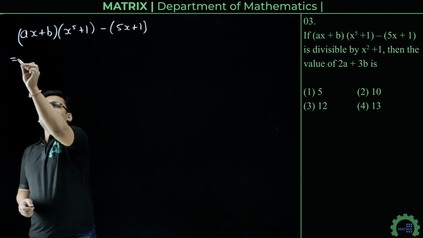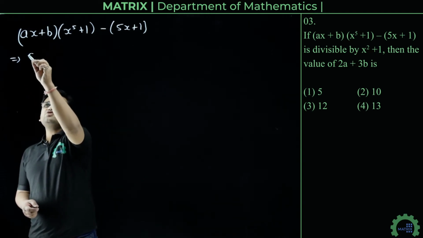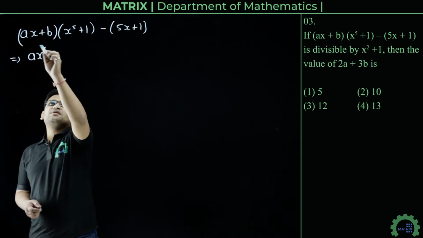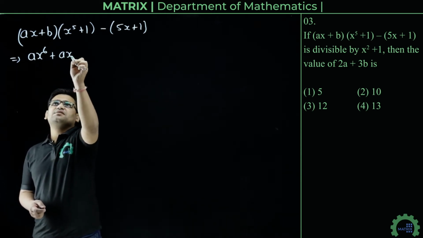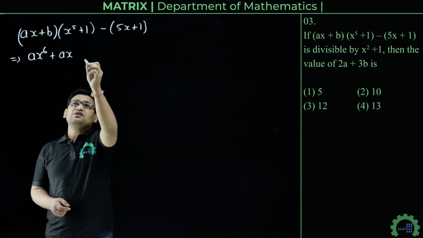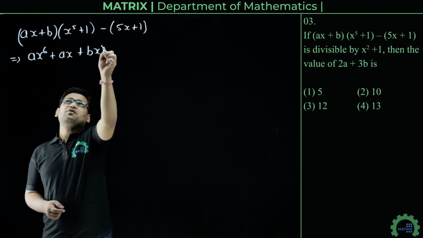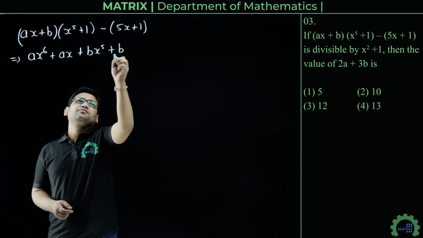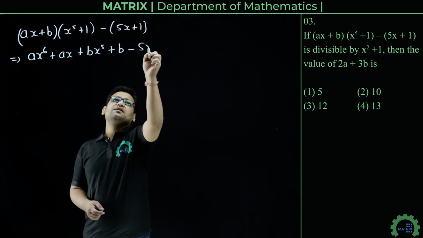Now this can be simplified as ax^6 + ax + bx^5 + b - 5x - 1.